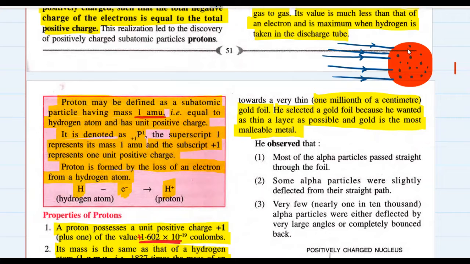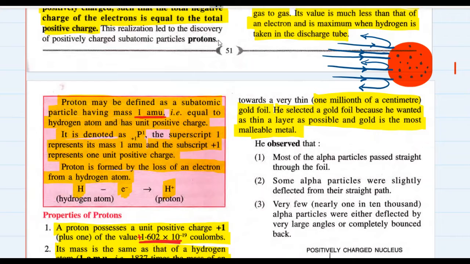It will not allow these positively charged alpha particles to enter. Moreover, they would just come near this atom, make an about turn, a U-turn, and repel back. So does this actually happen?